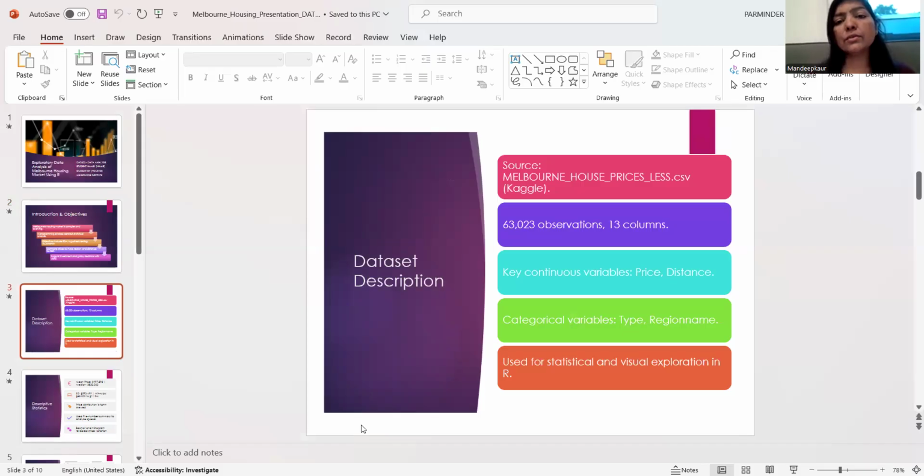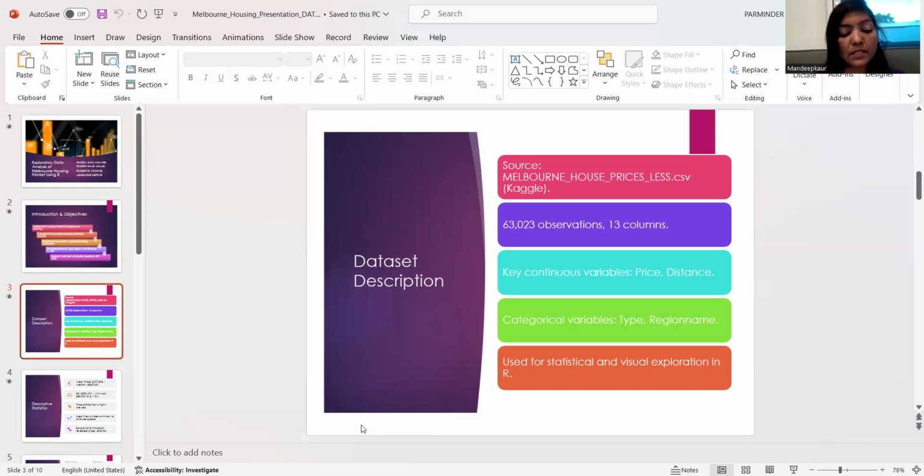It includes sources of Melbourne house prices, with observations and columns, including continuous variables. It also includes categorical variables such as property types and regional names, used for statistical and visual exploration in R. Firstly, I will describe the data set. The data set used for this study is titled Melbourne houses.